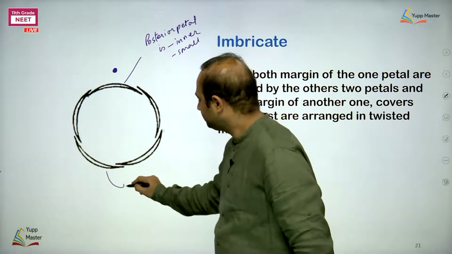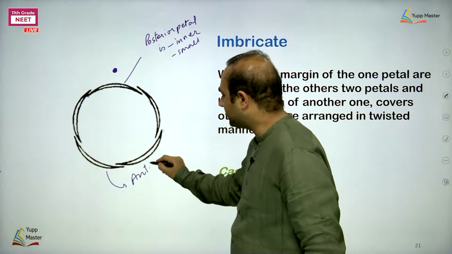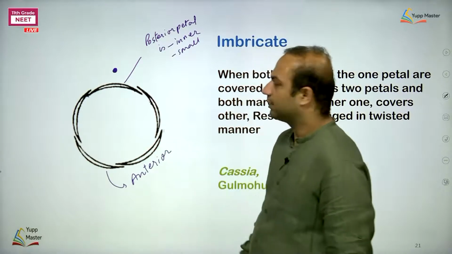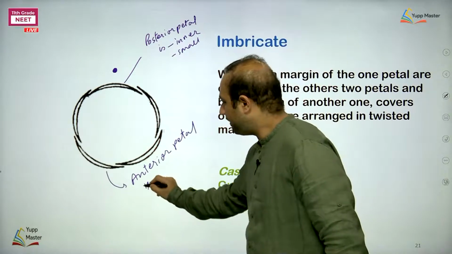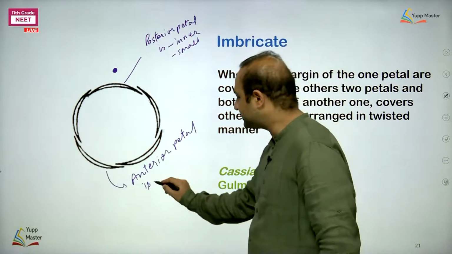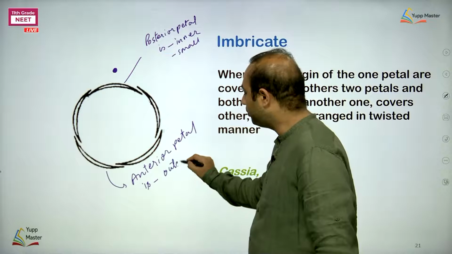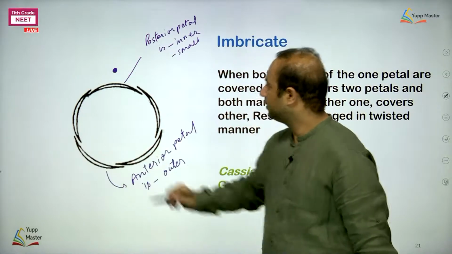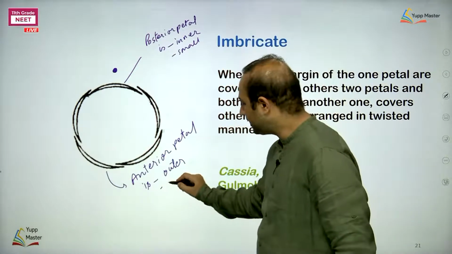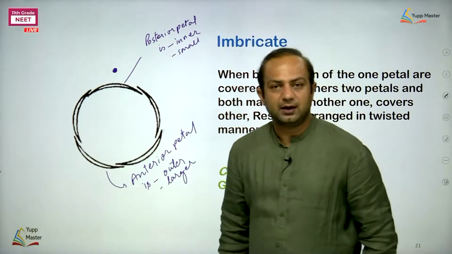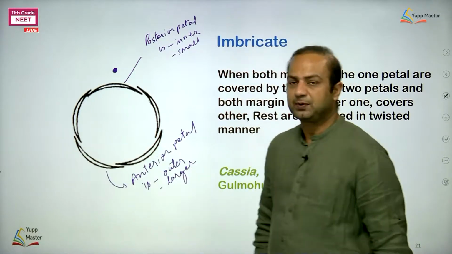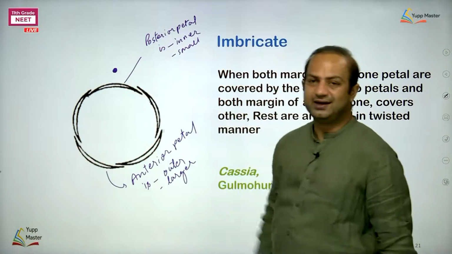And this one is the anterior petal, right? About the anterior petal I am saying it is outer, free from both margins, you can see this. Being larger, it is outer. Small, that's why inner.